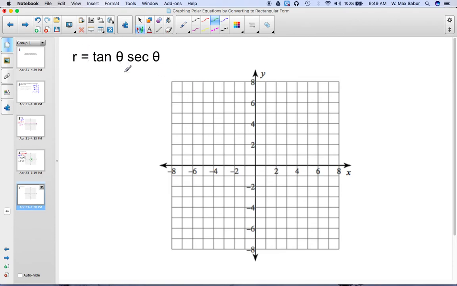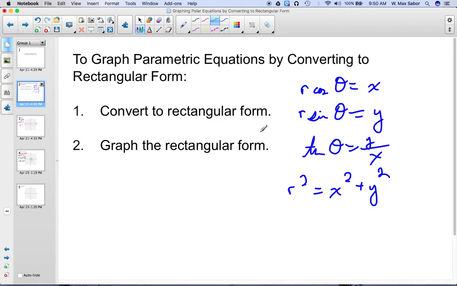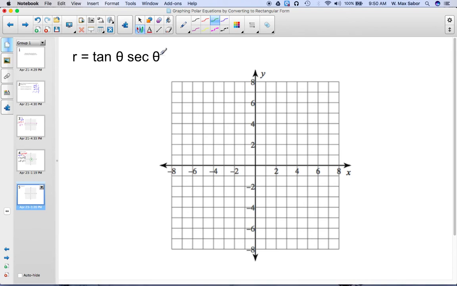r equals tangent theta secant theta. Tangent theta is okay. Tangent theta was y over x. Secant theta we don't have a direct conversion for, but if we get it on the other side of the equation, then we will. So r equals tangent theta, and then I'm going to write secant as 1 over cosine. Now if we multiply by cosine on both sides, we'll get r cosine.